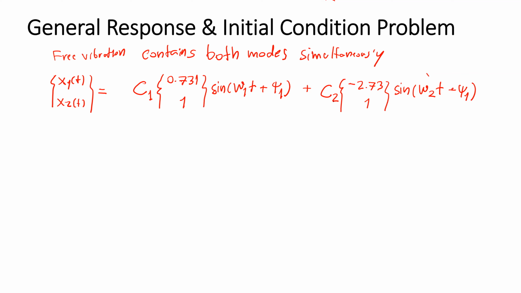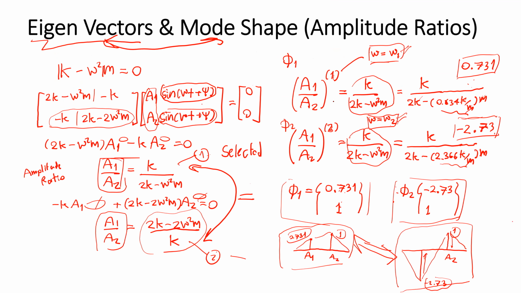So the idea is that at any time in the free vibration, it will contain the effect of the first amplitude ratio, and also the effect of the second amplitude ratio. And the first amplitude ratio corresponds to the first natural frequency.